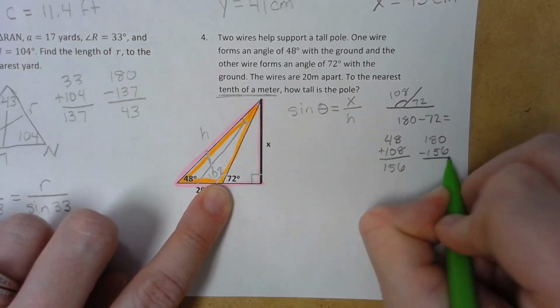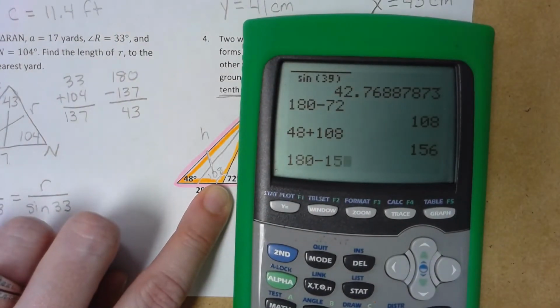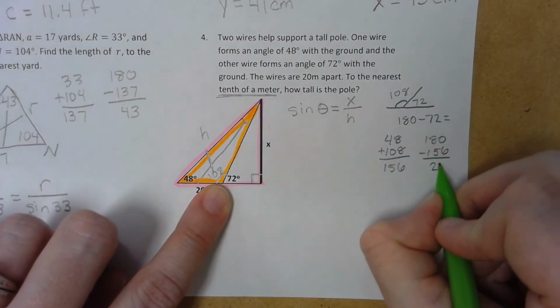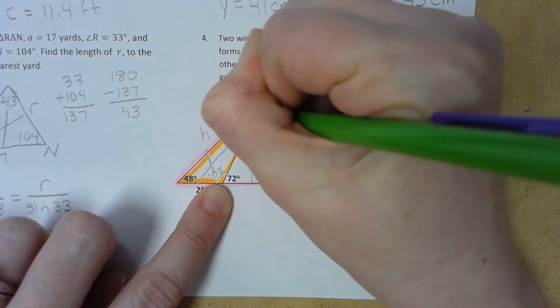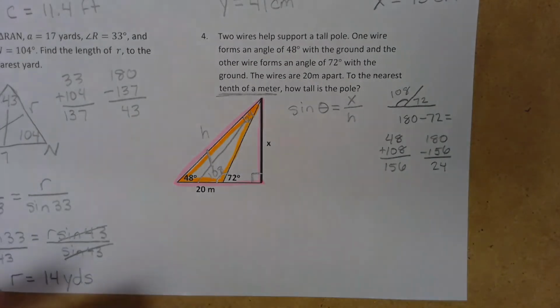And of course, we're just writing this down so we can remember where we got all of these numbers from. That would be a 24-degree angle. So that is this here in the top, 24. Well, now we are ready to set up law of sines, so we can find that value of h.